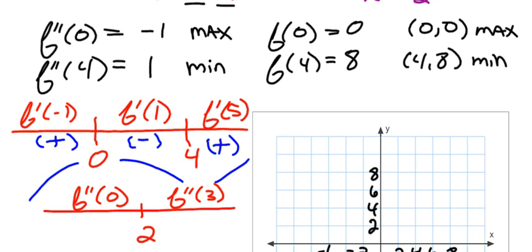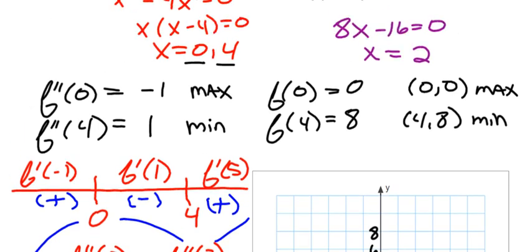When I plugged in 0 into the second derivative, I got a negative, so this is concave down. And when I plugged in 3 into the second derivative, it was positive, and this is going to be concave up. So this definitely is an inflection point of some sort, I think.